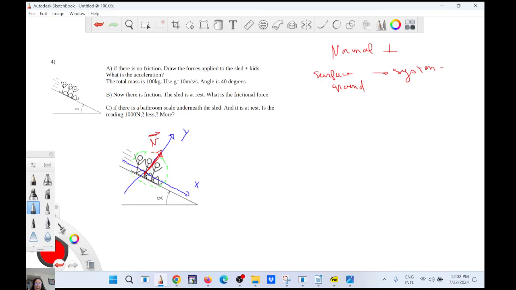And the weight is always straight to the center of the earth. So the weight in those cases is always straight down. The other thing that you have to memorize with an inclined plane is the angle here. The angle is 40 degrees.